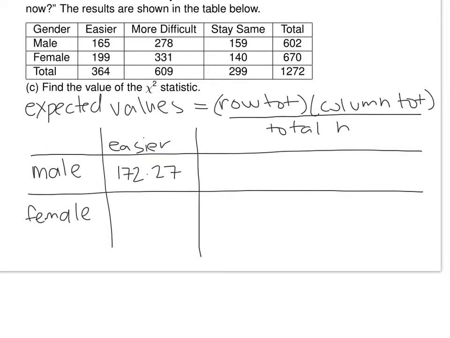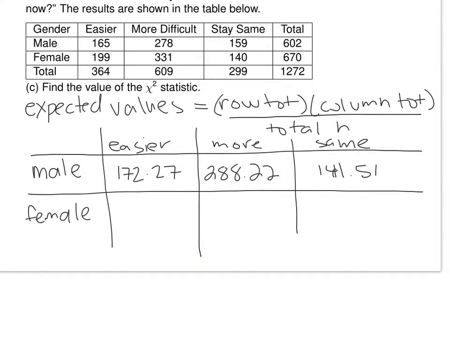In the more difficult male category, you take 602 times 609 divided by 1272, and that gets us 288.22. So that's the more difficult column. And in the same column, we take 602 times 299 divided by 1272, and that's 141.51.